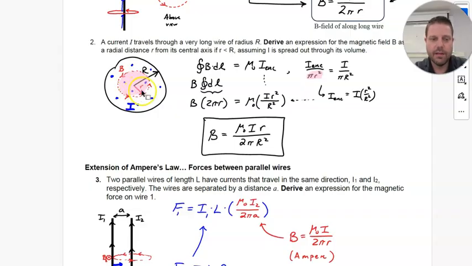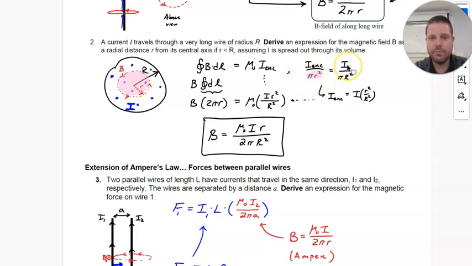The B field only depends on the amount of current passing through its loop, so I have to define that. It's not the total current I, because some is outside of our loop and doesn't affect it. So I set I enclosed over the spatial dimension it resides over, in this case the area defined by our smaller looping B field with radius r, a circular area of pi r squared.